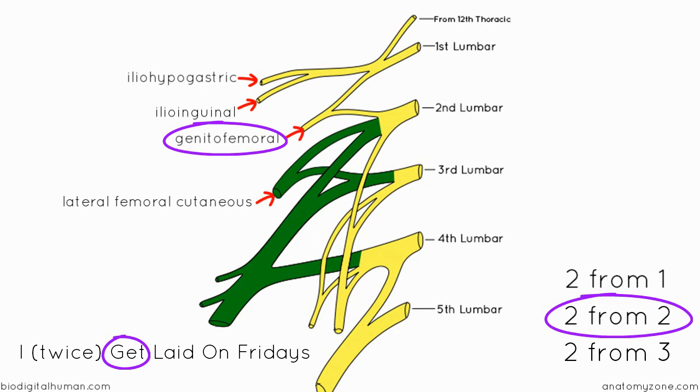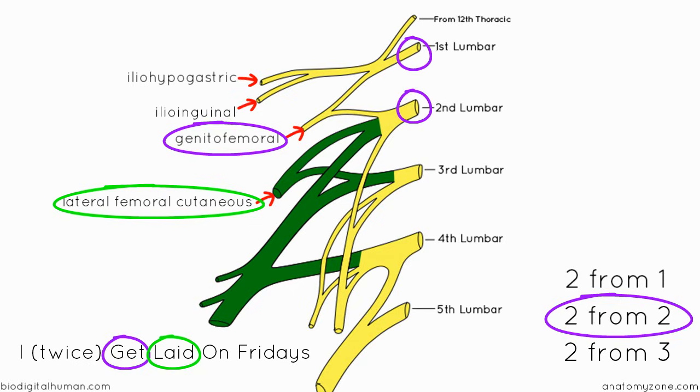So we've got the genitofemoral nerve and we've got the lateral cutaneous nerve of the thigh. So the genitofemoral nerve comes first in the mnemonic, so it takes the first 2 nerve roots, so it comes from L1 and L2. The lateral cutaneous nerve of the thigh is the next nerve in the mnemonic, so this comes from the next 2 roots, so it comes from the L2 and L3 roots.